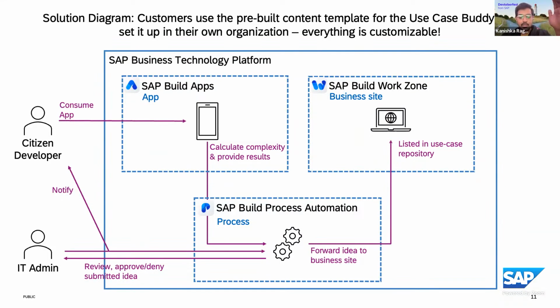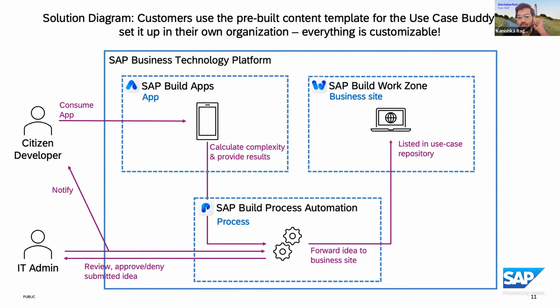So the citizen developer ideally in a company would be using this application, this use case buddy app, which is built using SAP Build Apps, to enter their use case ideas.